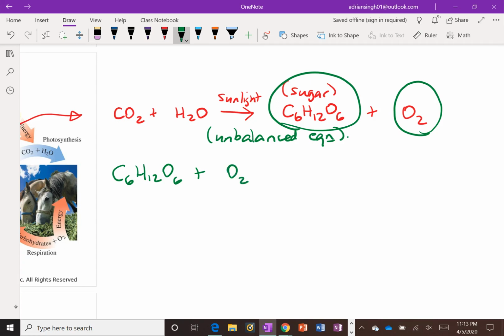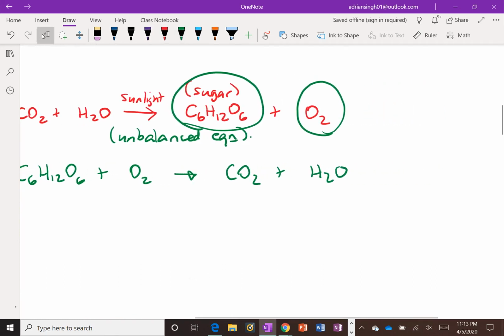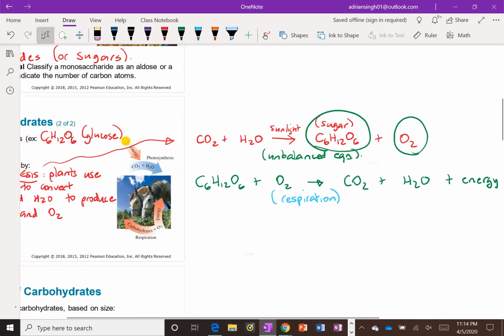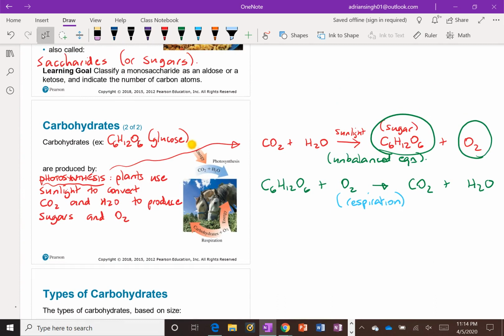And what that oxygen does is it allows us to break down the glucose. When we break it down, we end up breathing out carbon dioxide and water vapor, right, that comes out in our breath. And what we also get, and the main reason why we would want to eat anything, is to get energy, right? And this process is called respiration. So photosynthesis, what plants do, and respiration, what we do, are actually opposite processes.